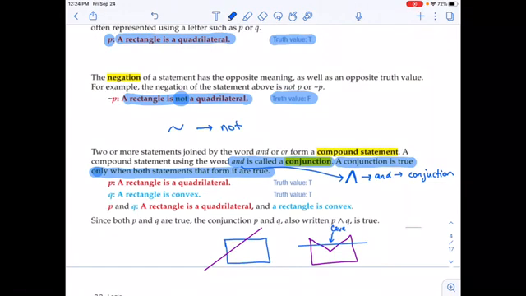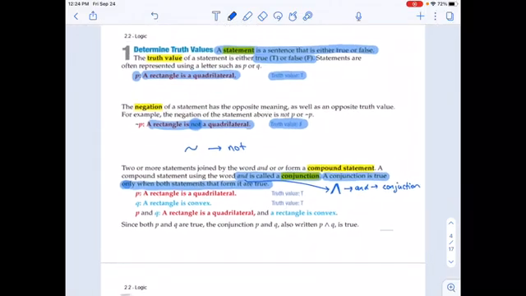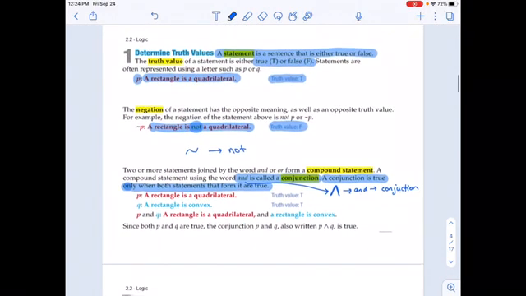Like I can go into the inside of the shape like that. Anyway, side note there. We're really just worried about the fact that that is a true statement. So if you make them a conjunction and just combine the two statements, a rectangle is a quadrilateral and a rectangle is convex, both of these are true. So if you have P and Q, this whole conjunction statement is true.